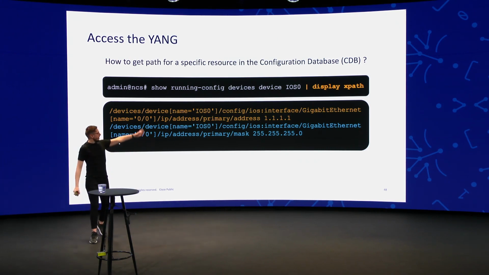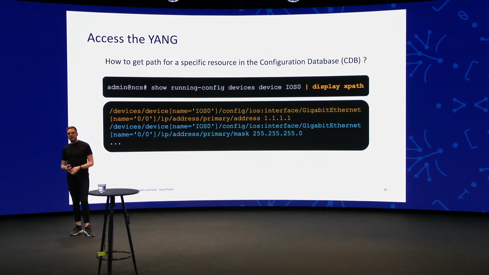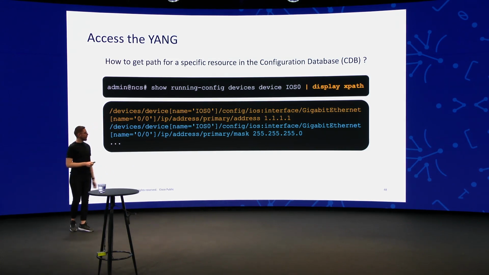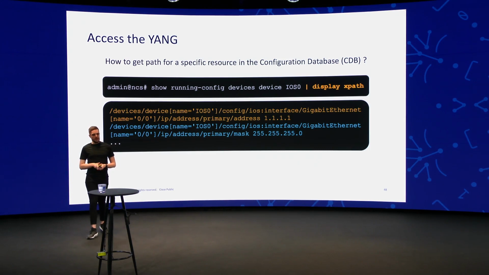How are we accessing the YANG in the NSO? Well, most of you probably already access some of the configuration by specifying the show run command on the device and then pipe display xpath. And we are beautifully getting the XPath for the given resource in the configuration database.